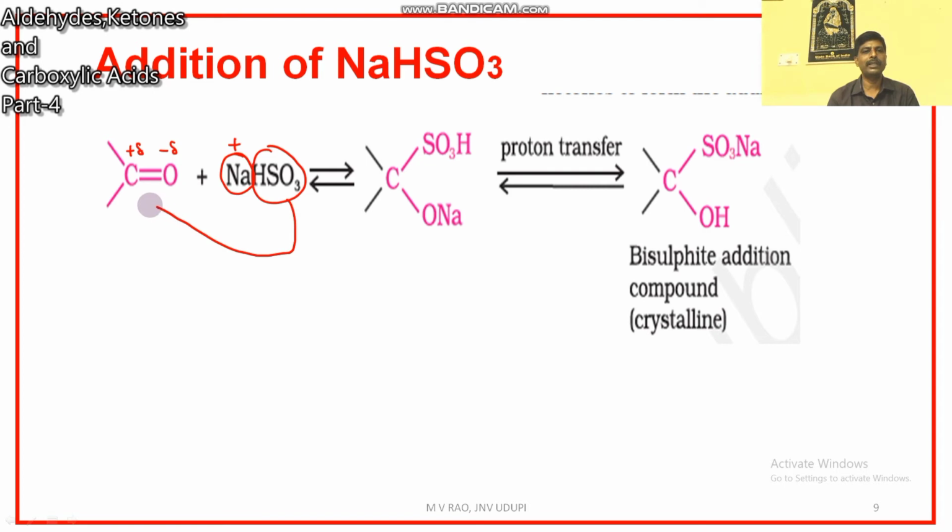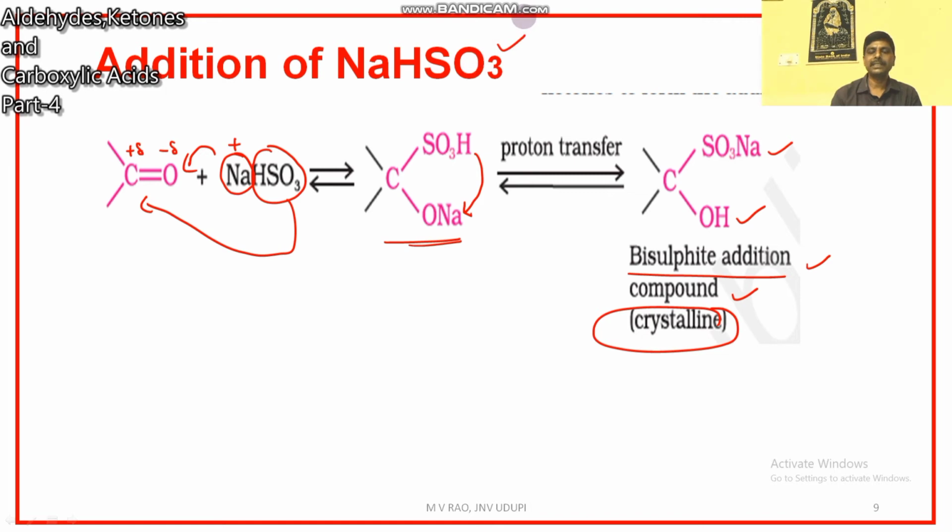Negative will add to this, positive will add to this. You will get the intermediate ONa. SO3H adds to carbon. This is the intermediate. Here proton transfer will take place, from H to this. So OH, SO3Na. Bisulfite addition compound. It is a crystalline compound.